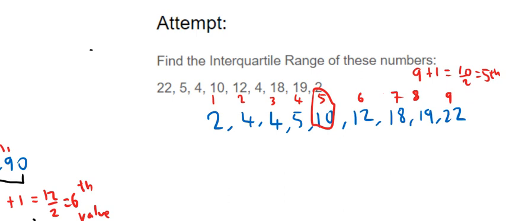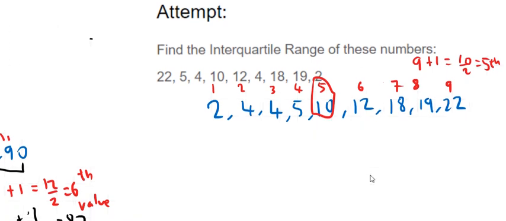Now I need to find out the median of the first 4 numbers and then of the last 4 numbers. So I can see here I've got 4 different values there. So I've got 2, 4, 4, 5. So again, this is where the trick comes in handy. In order to find out the middle value, I'm going to take 4, because there's 4 values, add 1 and divide by 2.